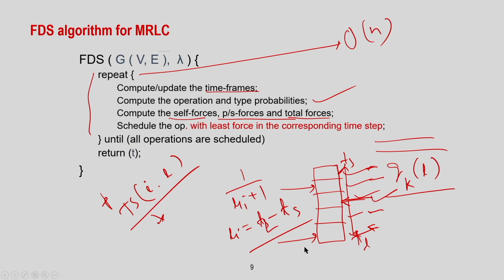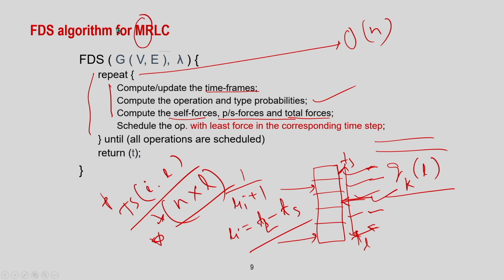So, I will have basically n into L number of total forces, right. This I can already calculate in these 3 time steps. And now, what is my objective here? My objective here is to reduce the resource, right, the minimization of the resource.